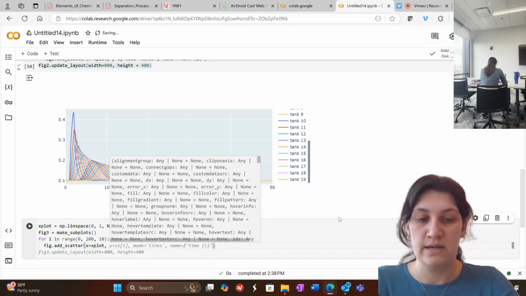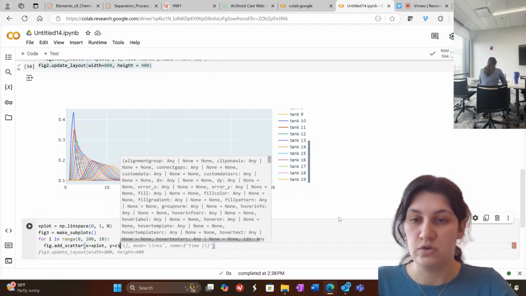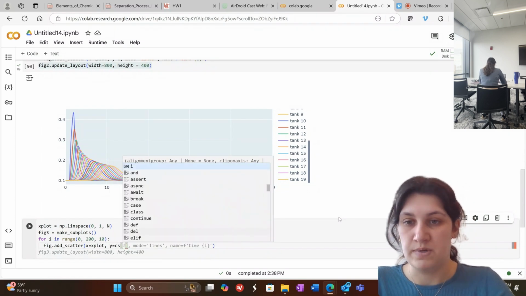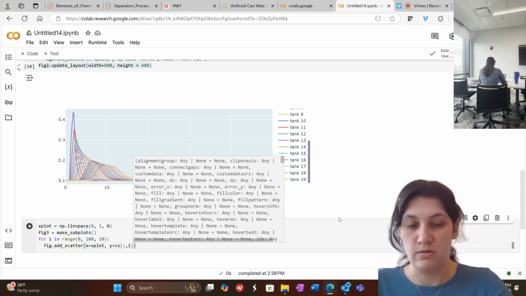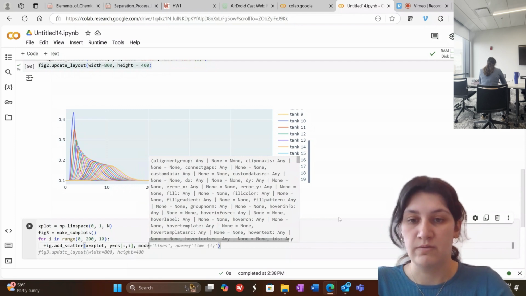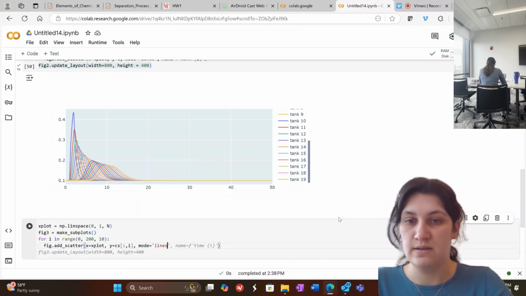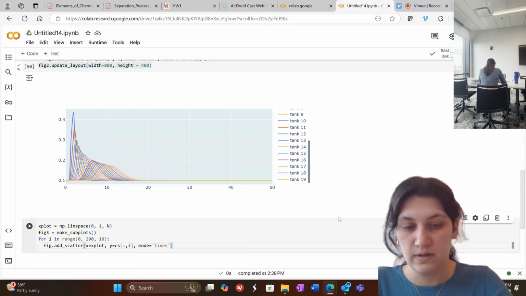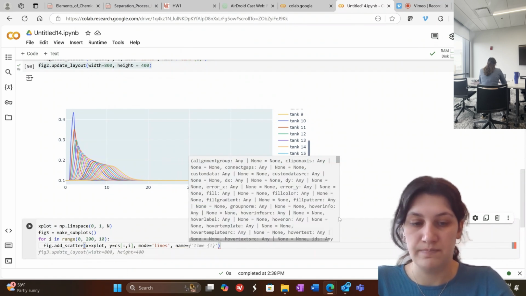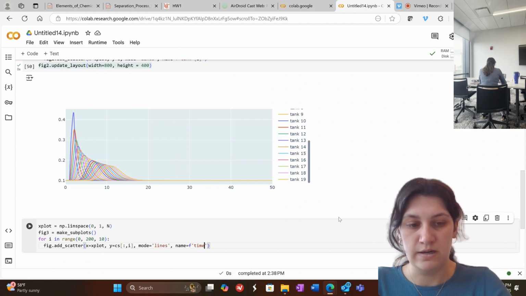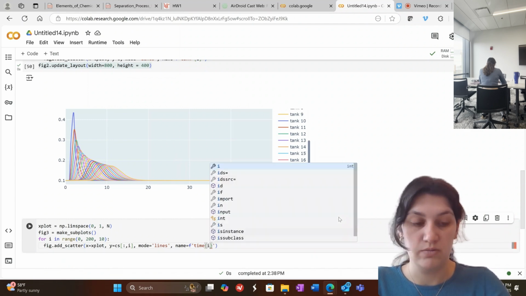Our y is concentrations, and it's going to be from the beginning to the current iteration. Mode, again, is lines. And we're going to name each line with the time of whichever iteration we're on.